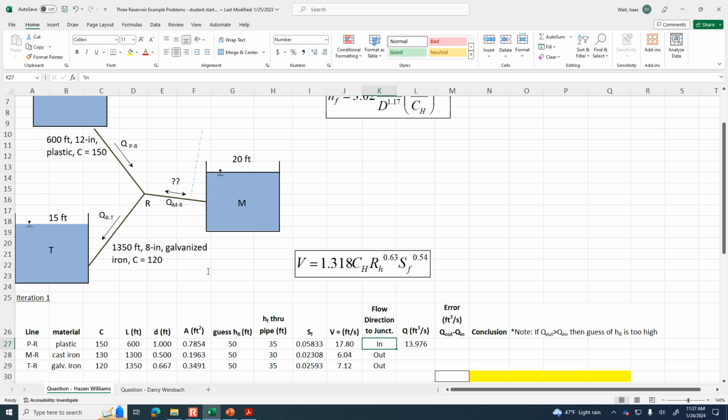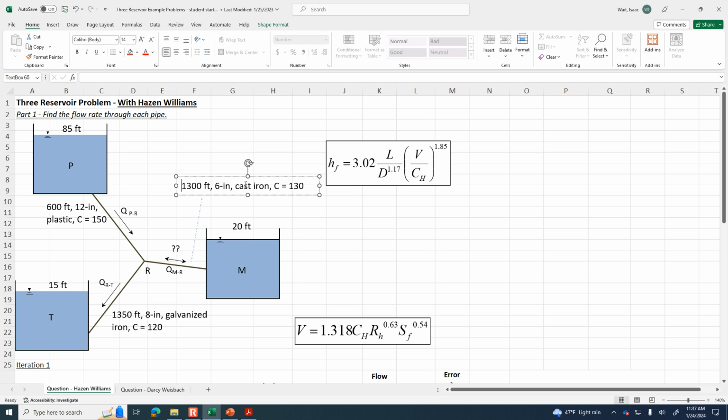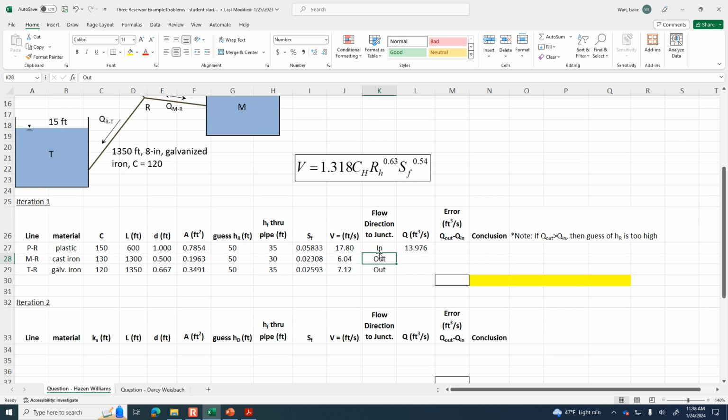So in from the reservoir towards R, because the elevation there was 85, and the elevation here is, in our guess, just 50 for the head. So we want to be careful about making sure that the in and the out is correctly designated.